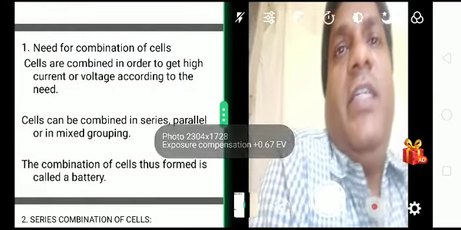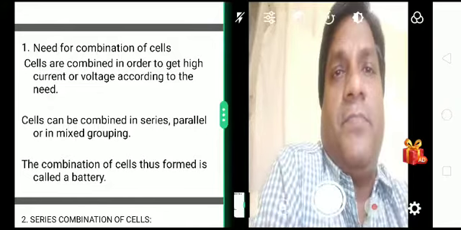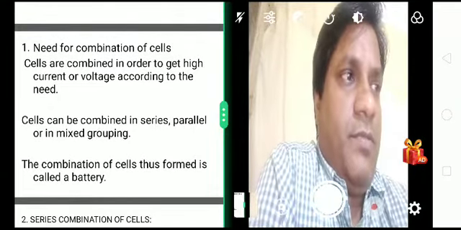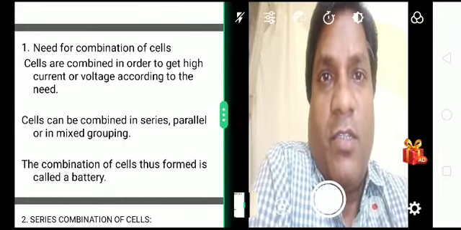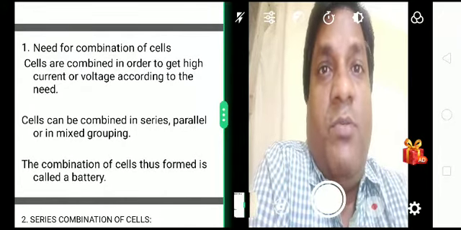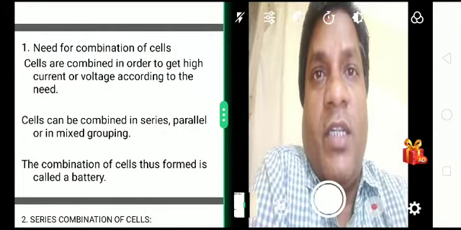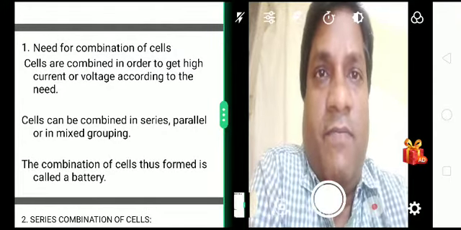So what is the need for combination of cells? We have various requirements. Sometimes we need huge amount of current. Sometimes we need large voltage or potential difference.